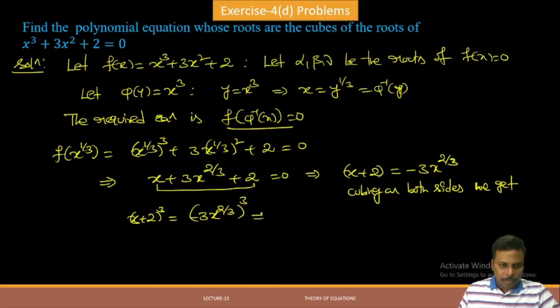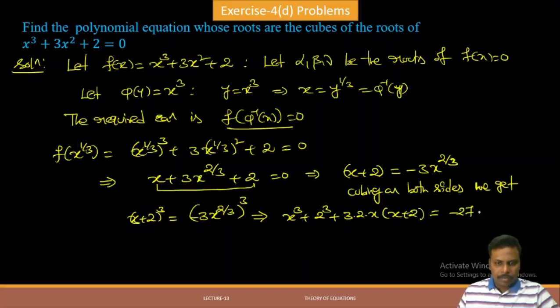This implies x plus 2 whole cube is x cube plus 2 cube plus 3 into 2 into x plus 2, that is equal to minus 27 into x square.